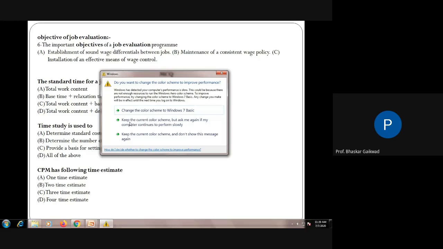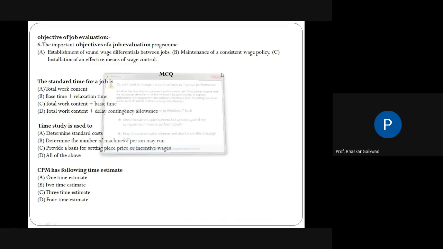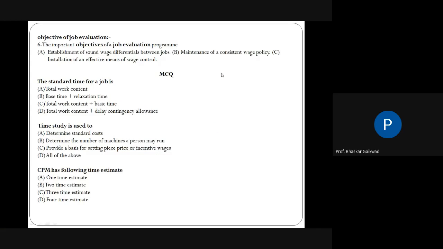Now the next thing: time study is used to determine the standard cost, to determine the number of machines a person may run, or to provide a basis for setting fees or incentives.